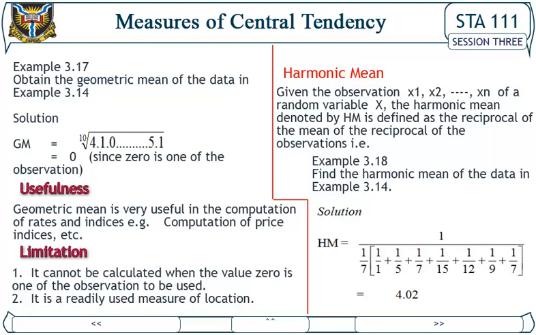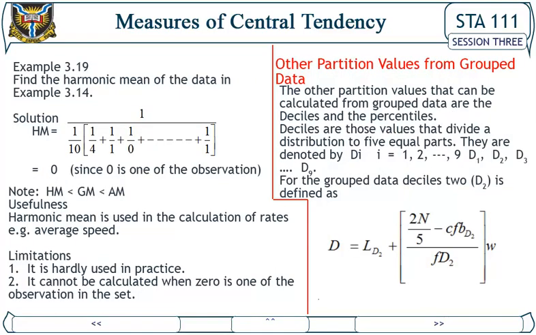HM is equal to 1 over 7 into brackets 1 over 1 plus 1 over 5 plus 1 over 7 plus 1 over 15 plus 1 over 12 plus 1 over 9 plus 1 over 7, which is equal to 4.02. Find the harmonic mean of the data in example 3.14. Solution is equal to 0, since 0 is one of the observations.